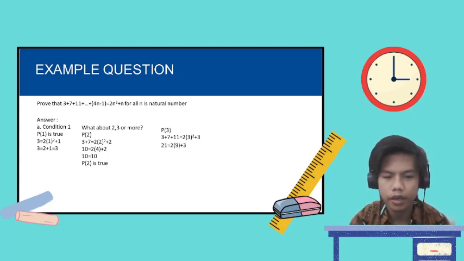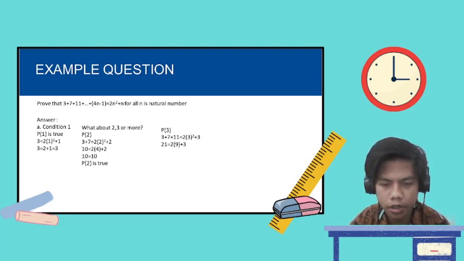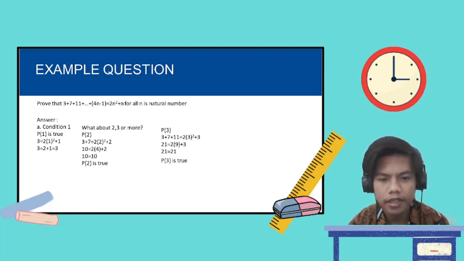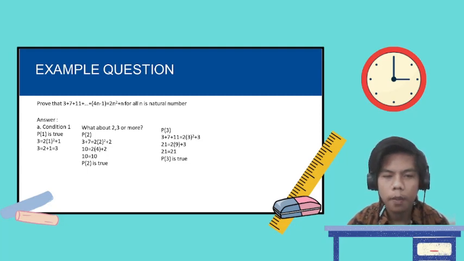And so we have 21 equals 2 times 9 plus 3. So we have 21 equals 21, and that P3 is true. And what about more than that? So we need a condition.